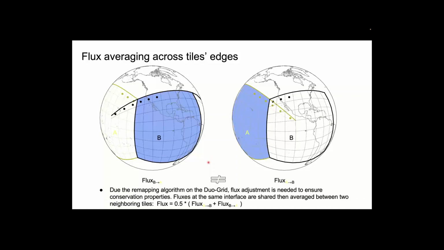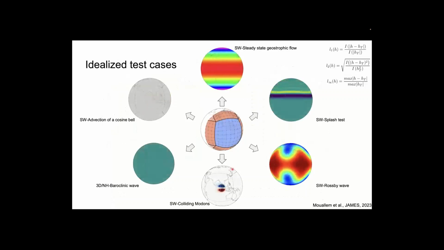So naturally, these fluxes will be different if we compute them on each face. So what we are doing here is computing the flux on each face, sending it to the other face, and taking an average. This is not optimal, and it introduces a lower order discontinuity, but at the moment we find that it's negligible and it's not a big issue.